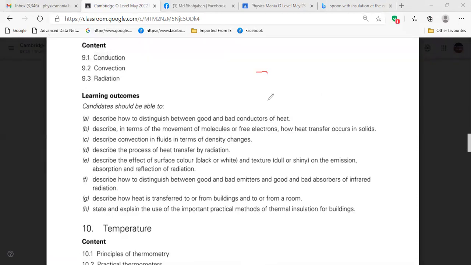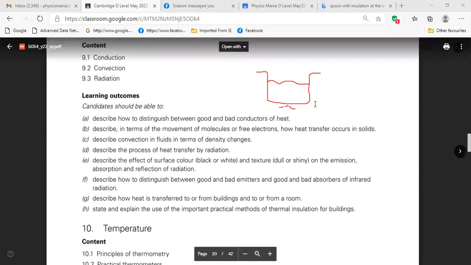Like we have a container like this, and here is water. Then we are giving heat here at the bottom.